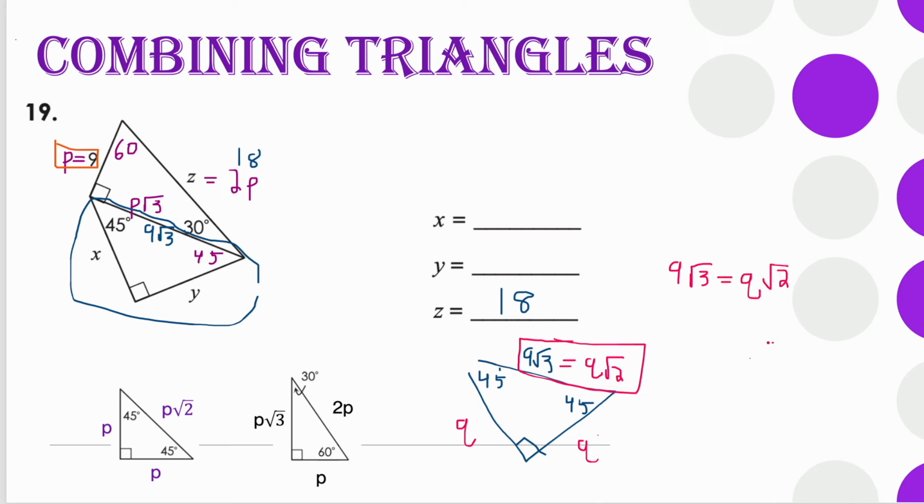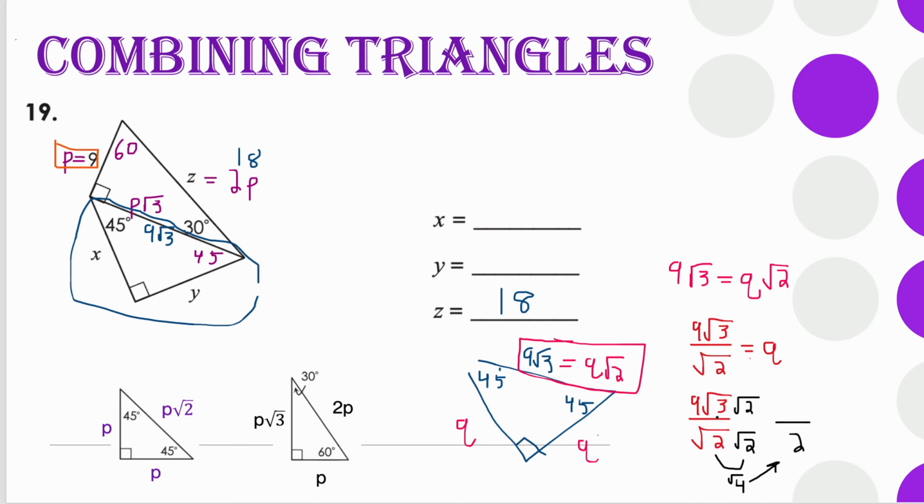So when we divide to get q by itself, we get q equals 9 root 3 over root 2. But we can't have a square root on the bottom, so we have to multiply by root 2 on the top and root 2 on the bottom. The bottom turns into root 4, which just turns back into 2.